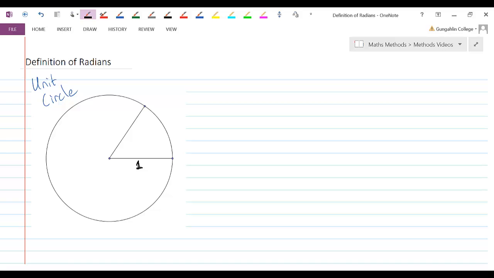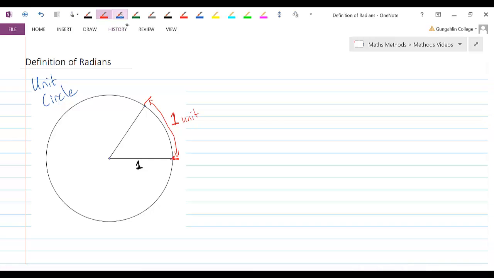And we define radians like this. Let's imagine that I'm here on the edge of the circle, and I'm going to walk around the edge of the circle a distance of 1 unit. If I got my tape measure out and measured around the edge of this curve, that would be 1 unit.